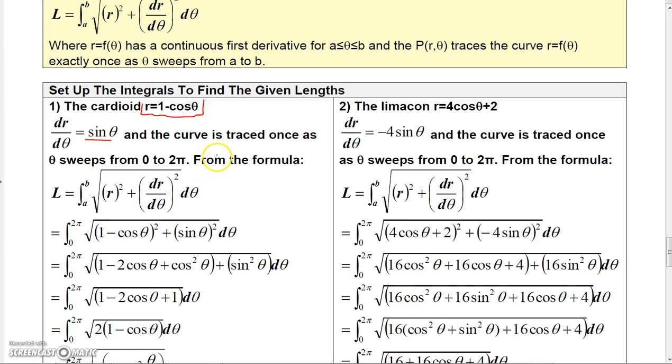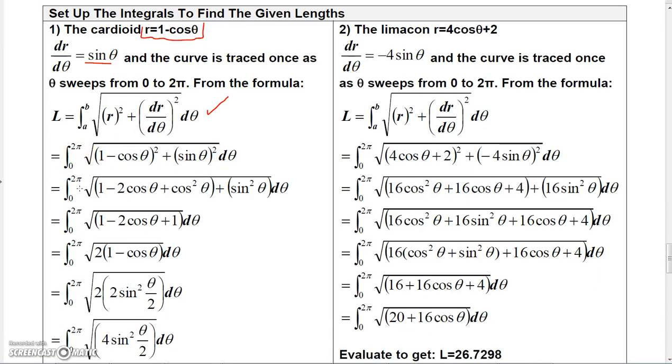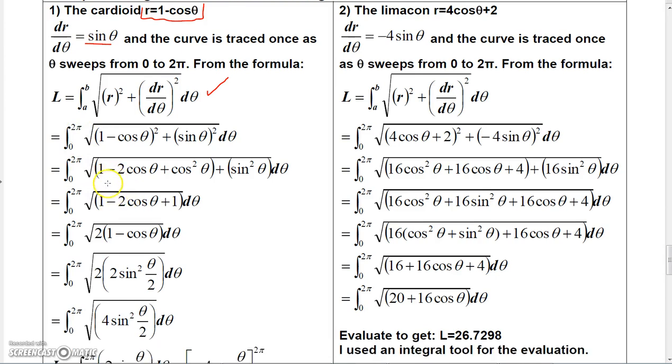So to find the length, we need to use this formula here, and we need to insert r squared. So we're going to put in 1 minus cosine theta quantity squared, and then we're going to insert dr over d theta squared, so that's going to be sine squared, and we're going to evaluate that from 0 to 2 pi. Now I'll do a little bit of manipulating here.